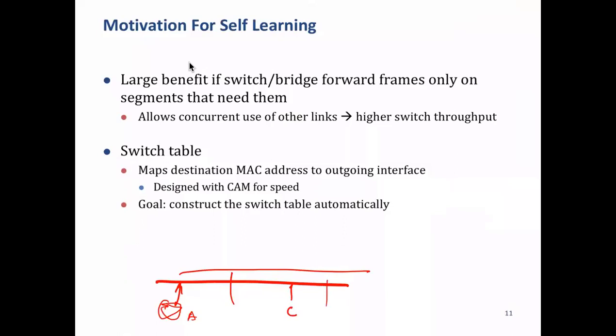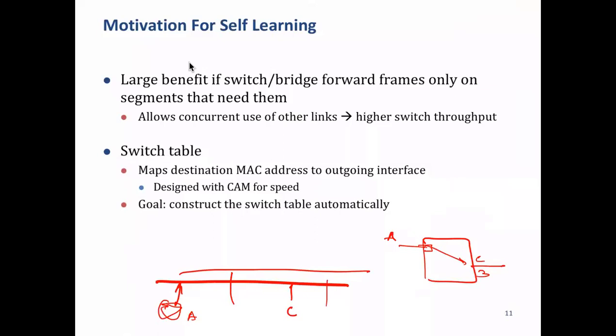Here, there's no need to broadcast, right? Because once the switch knows that the frame coming from A is going to C, it will buffer it, and it knows C is at a certain port, say port number 3. It just forwards the packet to port number 3.